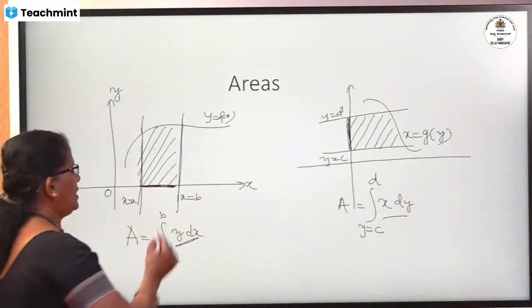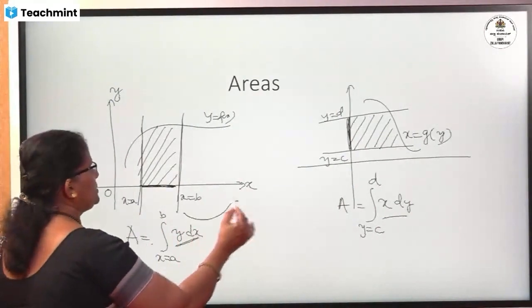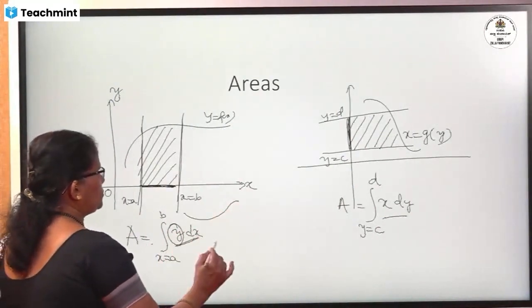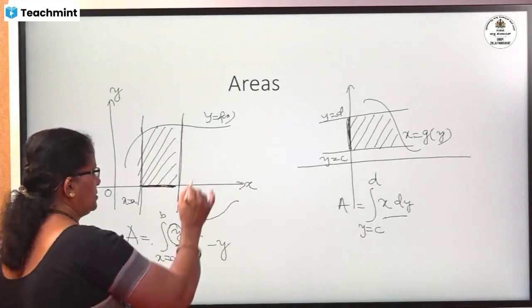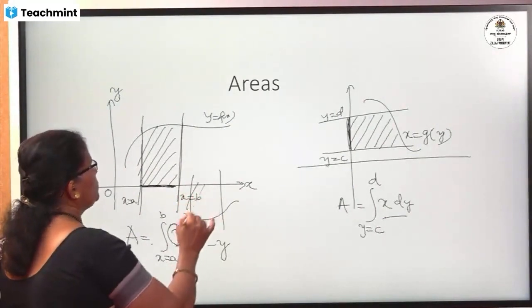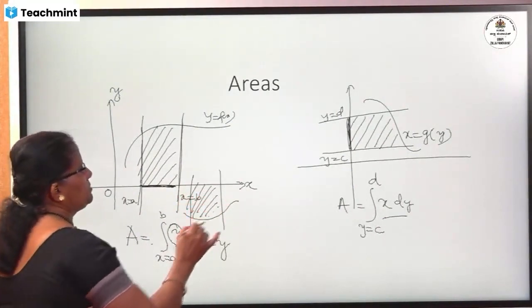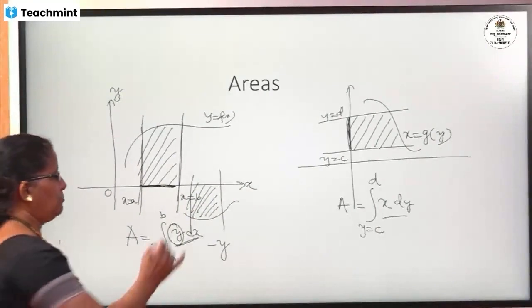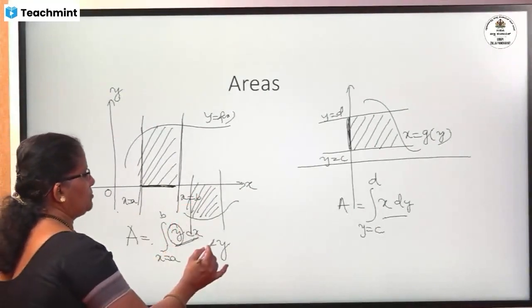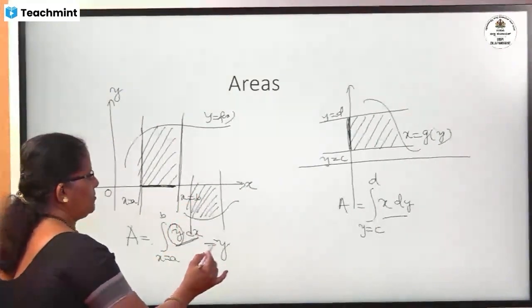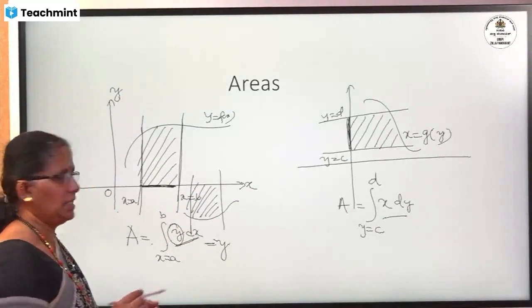And if the area is below x-axis, instead of y, you should write minus y. Suppose say this is the area that you need to find. Then it is below x-axis. Below x-axis y is negative, so to make the area positive you have to multiply it by a minus.